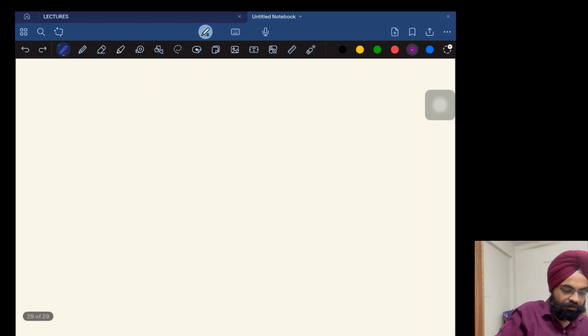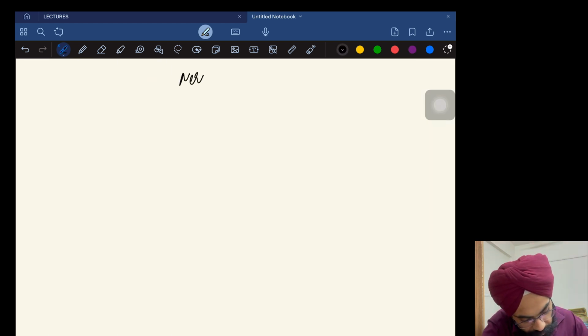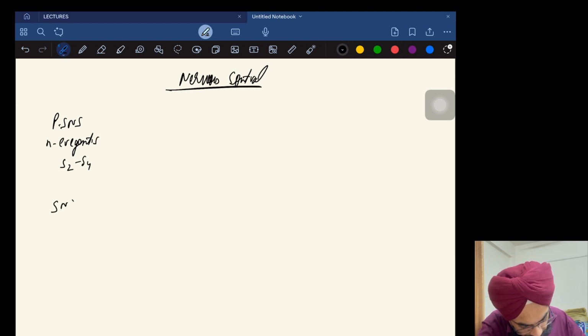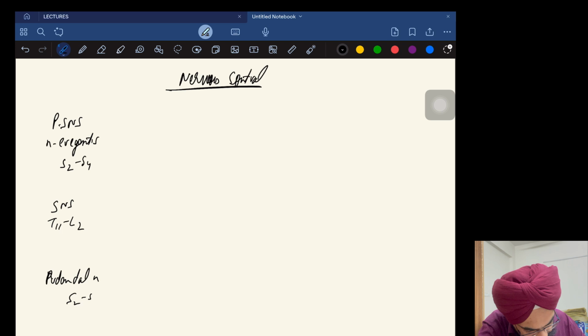So now let us talk about the nervous control. Nervous control is provided by the parasympathetic supply, that is nervi erigentes, having a root value S2 S4. Sympathetic control is by T11 L2, and then the voluntary motor control is by pudendal nerve, that is again S2 S4.